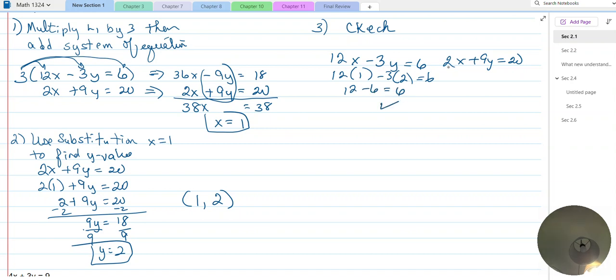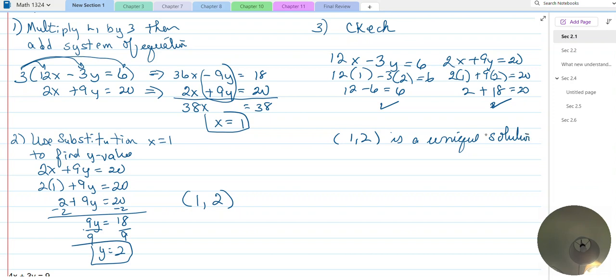Now that's true. 2 times 1 plus 9 times, what do we say over here? 2. Sorry about that. Equals 20. 2 plus 18 equals 20. So that checks. Therefore, 1, 2 is a unique solution to the system of equations.